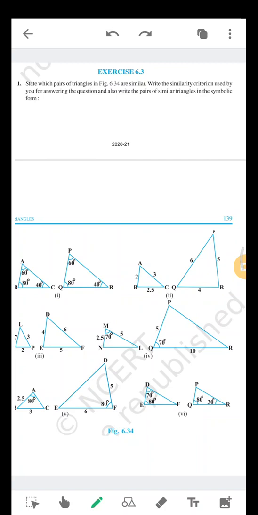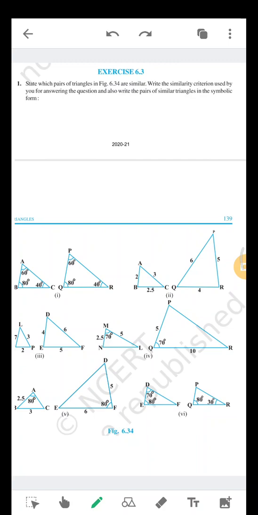In the second bit, you can see, compare the ratios AB by QR. What is the ratio? AB by QR is 1 by 2, and BC by PR is also equal to 1 by 2, and AC by PQ is also equal to 1 by 2.